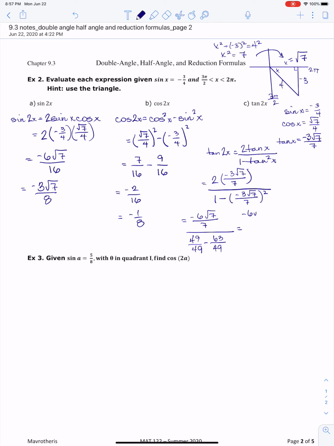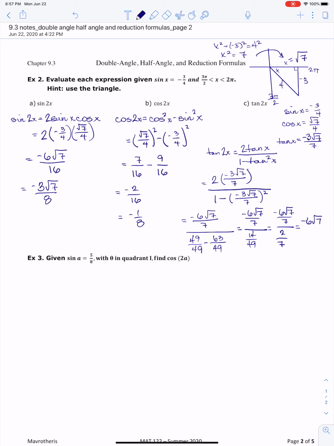So negative 6 square roots of 7 over 7 over 49 minus 63 is 14 over 49. I can factor a 7 out of both of those and put this over 2 sevenths, which means that the sevenths part cancels.